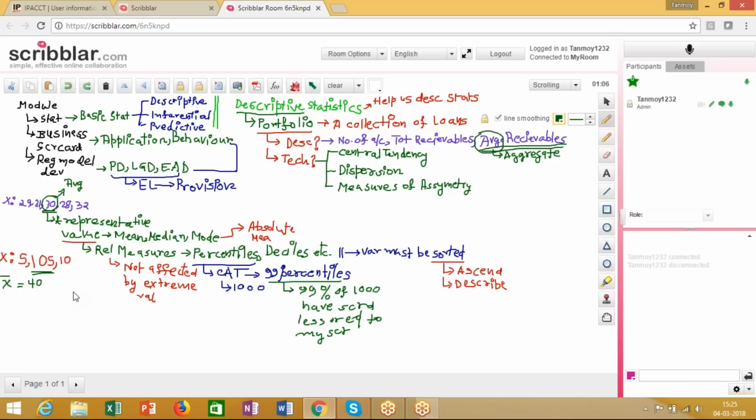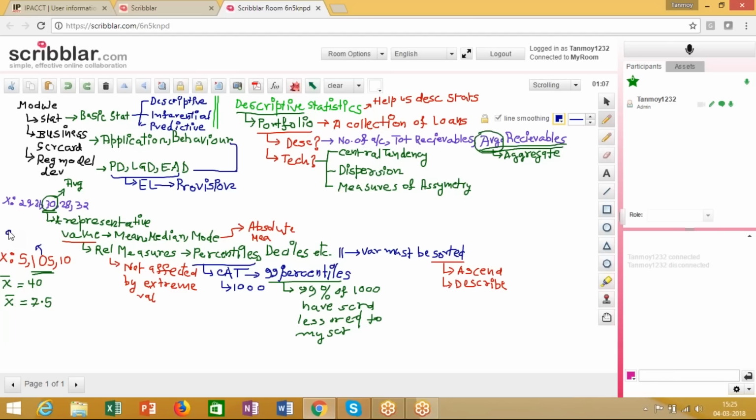Clear? But if this 105 was not there, if I remove 105, what is the x bar? Without 105, x bar would have been just 7.5. So what you can see is the impact of this heterogeneous value, this type of value which we call an outlier or an extreme value.